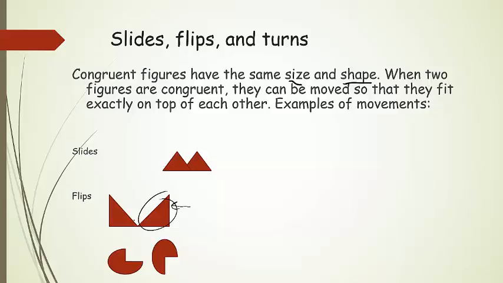And the last figure below is an example of a turn. So your 3 movements are slides, flips, and turns. And as long as you can slide, flip, or turn a shape so that it fits perfectly on top of another, you have congruent shapes.